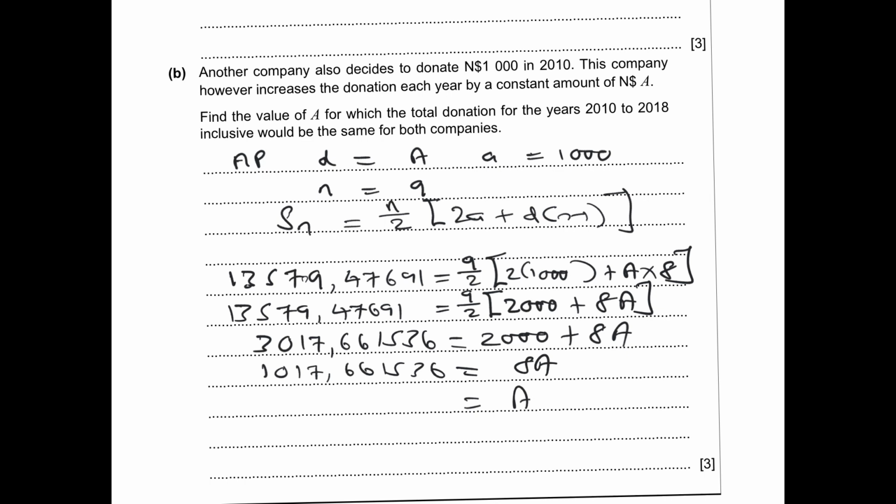If you divide both sides by 8, we are going to get 127.2076 and so on. Of course, rounded off, since this is actually money, if we round off to 2 decimal places, we are going to have 127.21. So that's in Namibian dollars. Okay, so that's what we are actually having there.